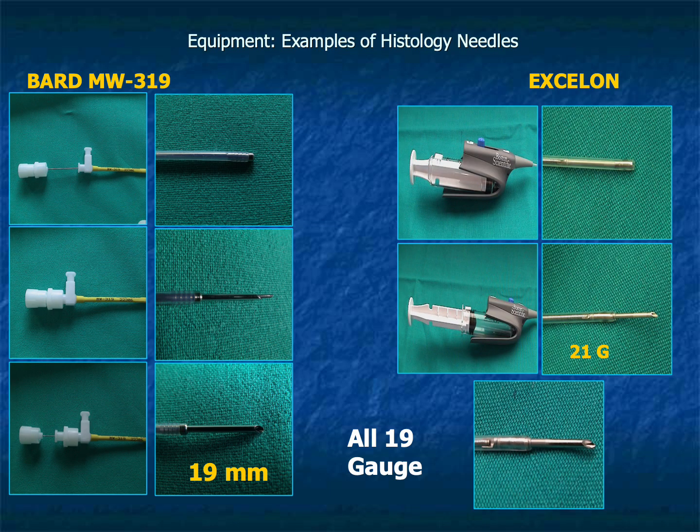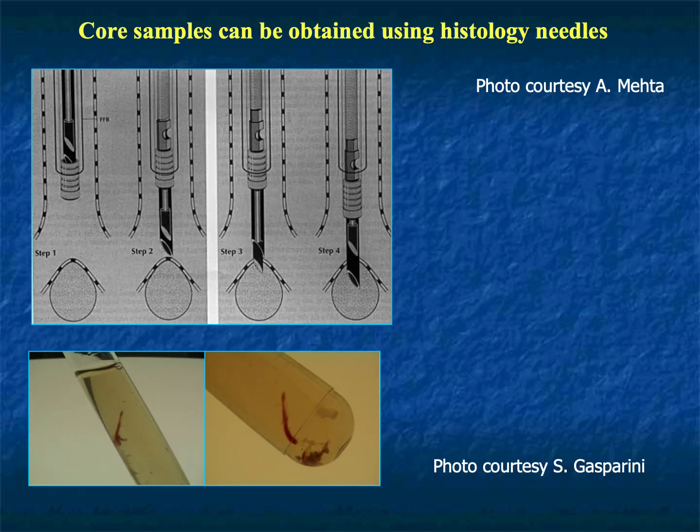Histology needles may provide larger tissue samples, suitable for architectural diagnosis and increasingly for molecular testing, while cytology needles often provide excellent cellular material with less resistance during manipulation. Regardless of the needle selected, familiarity with its design and safe operation remains essential.